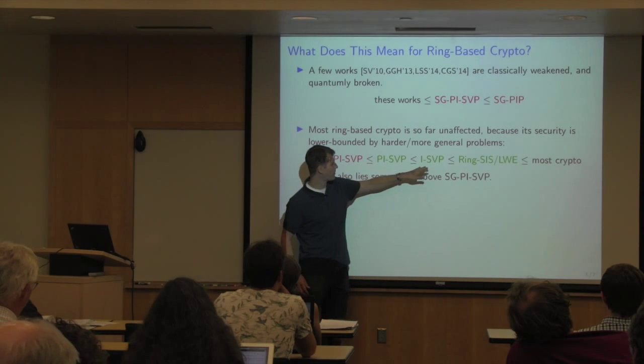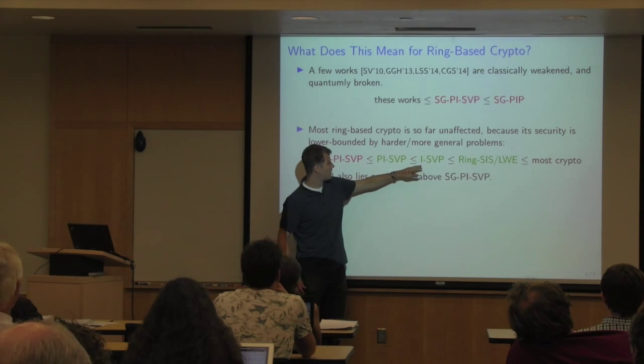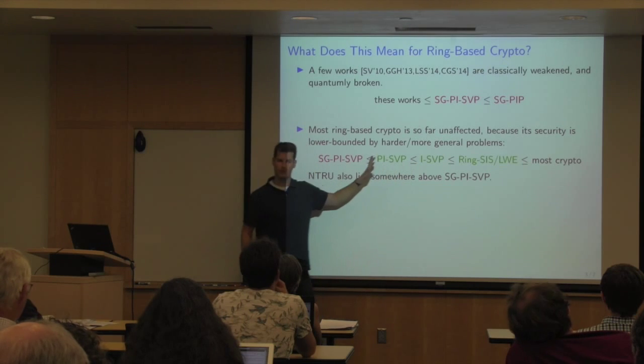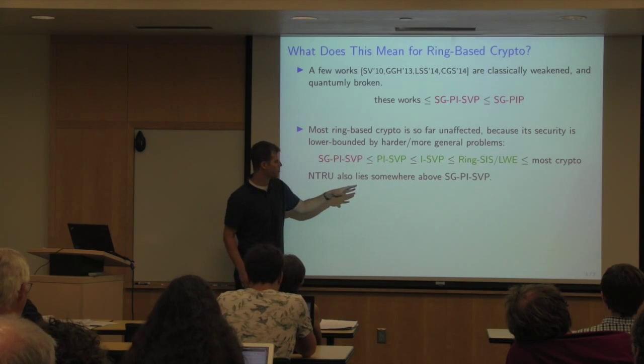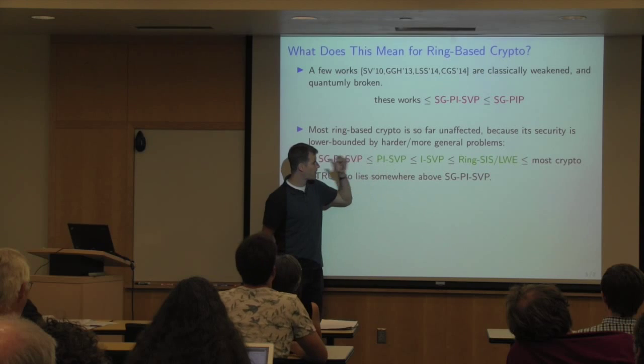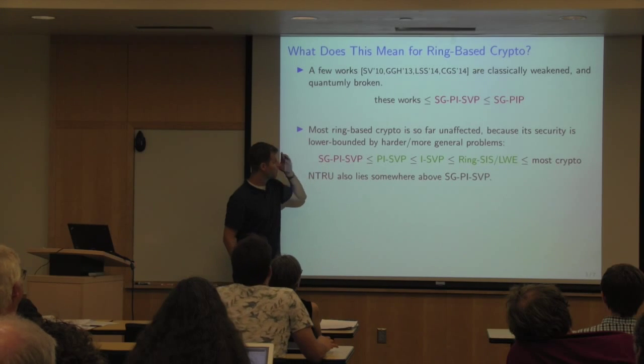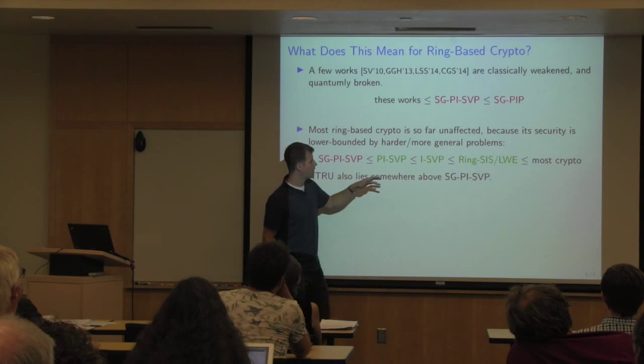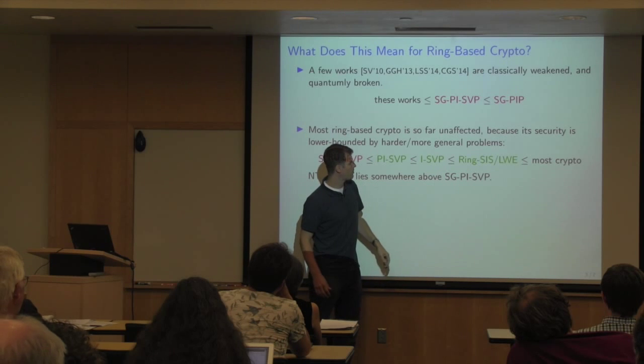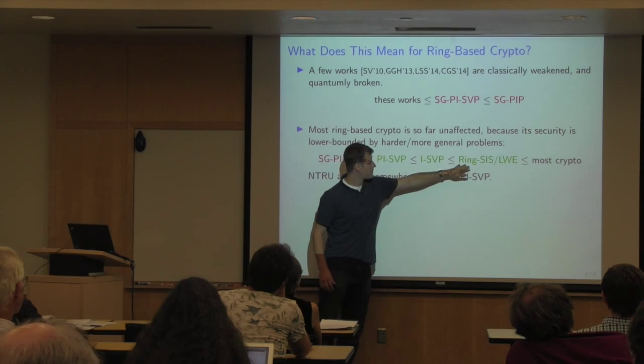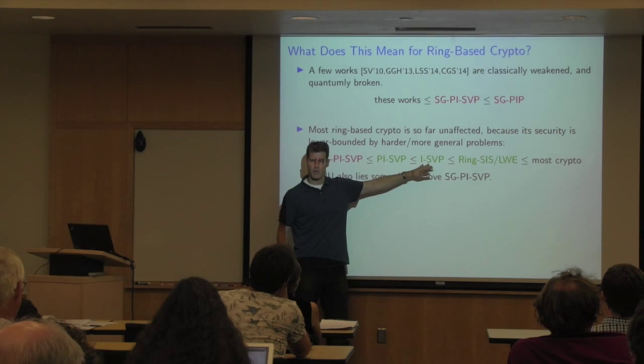This is the problem of find a short vector in an arbitrary ideal, regardless of whether it's principal or not. So that's even more general. We don't have an attack on that. And then as we have heard a little bit about the problem ring SIS and ring LWE problems, these are at least as hard as this problem here.